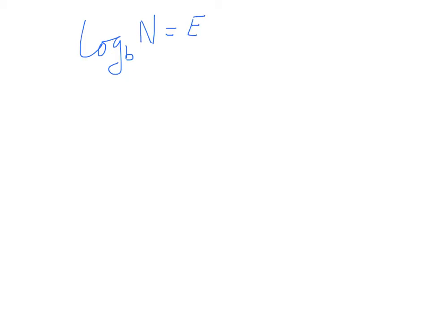So the log of a number, and that's how I read this, the log of a number, you're finding the exponent. When you take the log of a number, you're finding the exponent on the base of choice. Okay, so this is your base. You're taking the log base b of a number, and then you're looking for the exponent. Logs follow exponents.